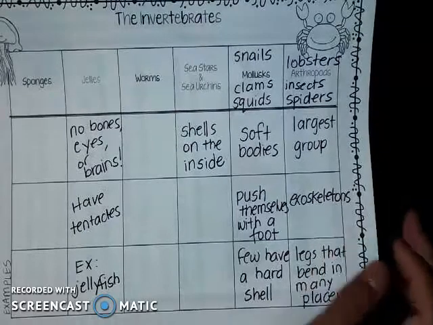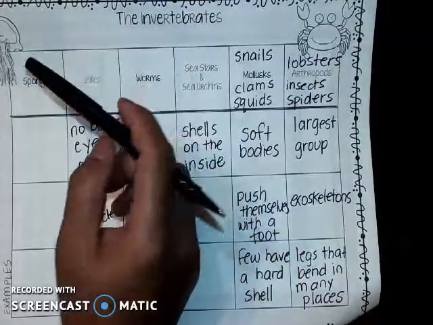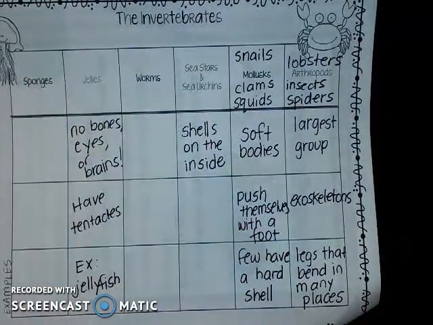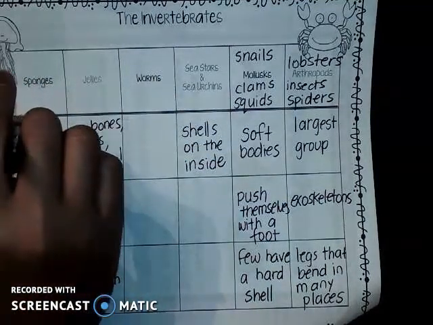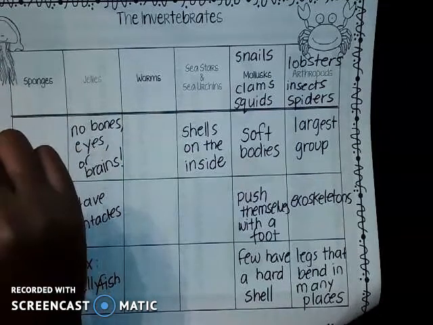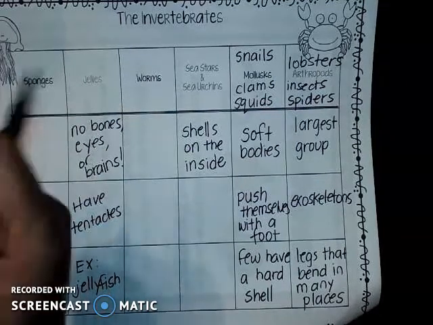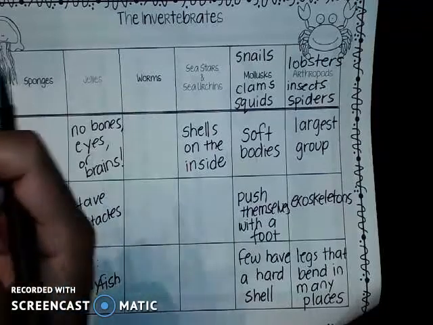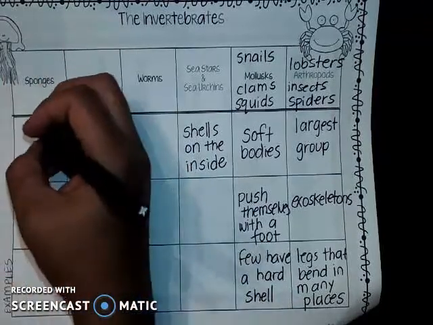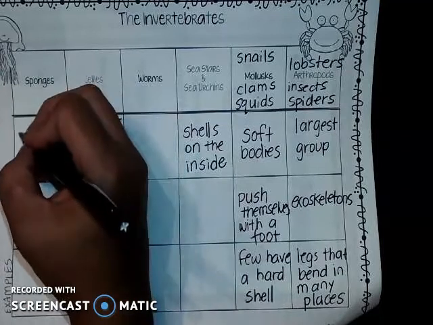I'm moving on to the sponges, right here, sponges. Sponges, another group of invertebrates, have holes in their bodies that help them pull water and floating food into them. That's really interesting. So, sponges have holes in their body.